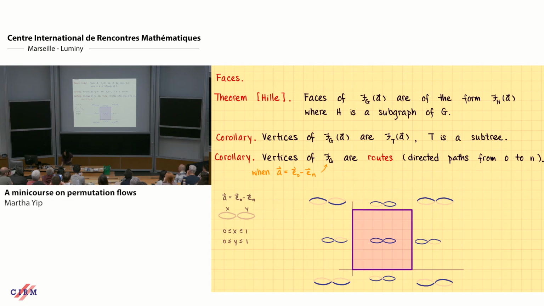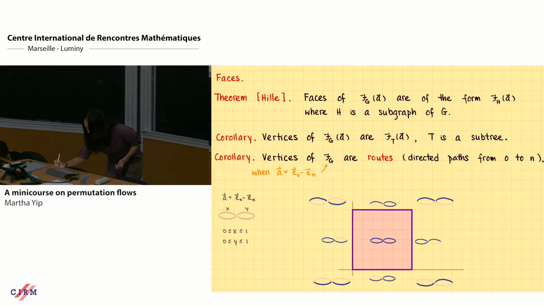For example, if 1 unit of flow goes in there, this lower edge has to have flow summing up with that top edge. It has to sum to 1, so I know that lower edge has flow 1 minus x. Whatever flow I get in here, I'm just going to project to 2 coordinates, x and y. For example, right here, if I put all the flow down here, that means my coordinates are 0, 0.